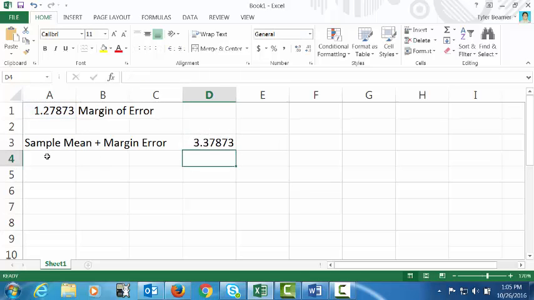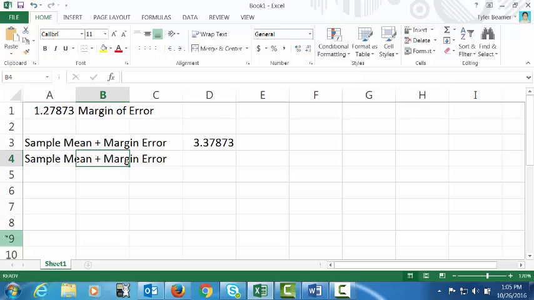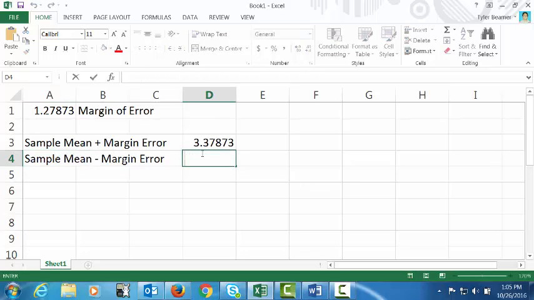So that's the upper confidence interval. And then to get the lower, we subtract the margin of error from the sample mean. So 2.1 minus the margin of error, and we get the lower confidence interval level.